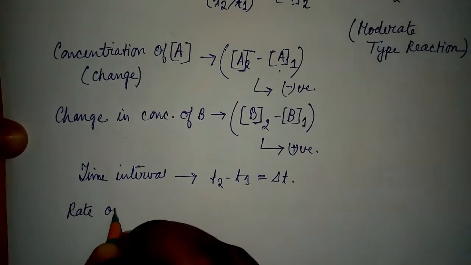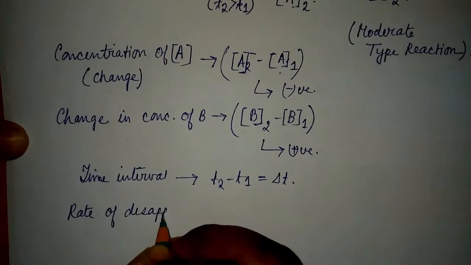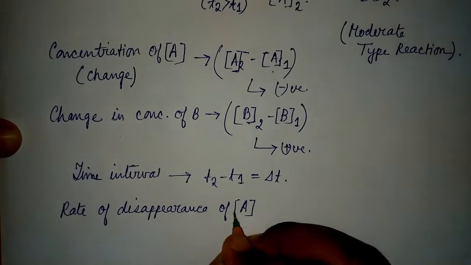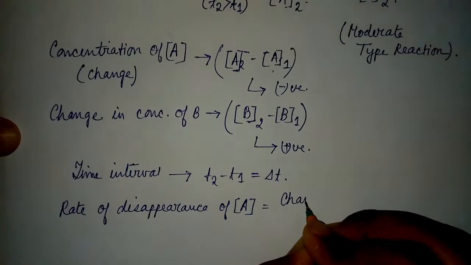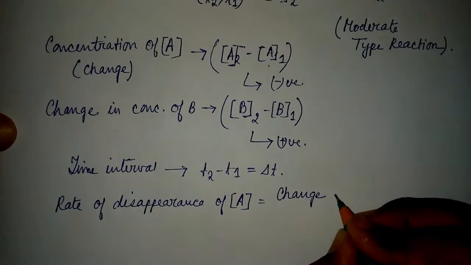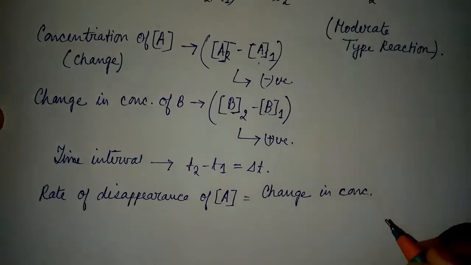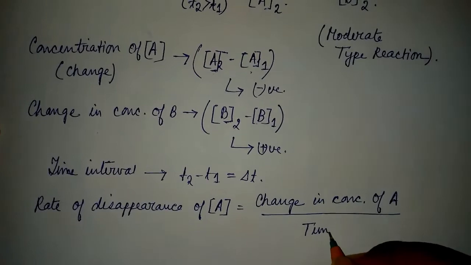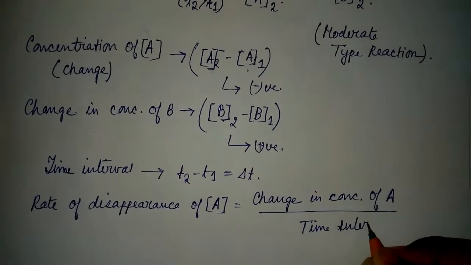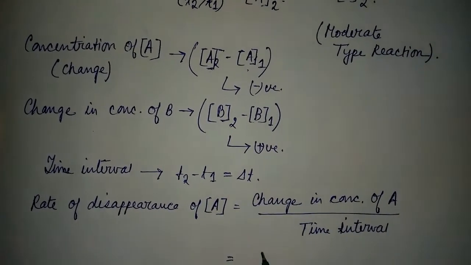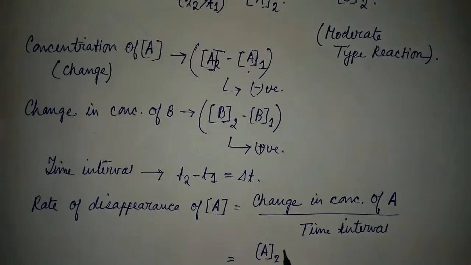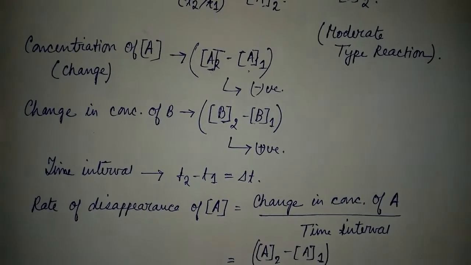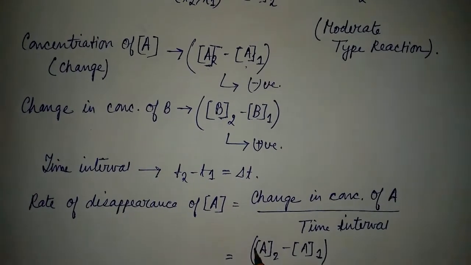If we write the rate of disappearance of A, the formula can be written as the change in concentration of A by the time interval, which is nothing but A2 minus A1 by delta t. This will be a negative term because this is negative.